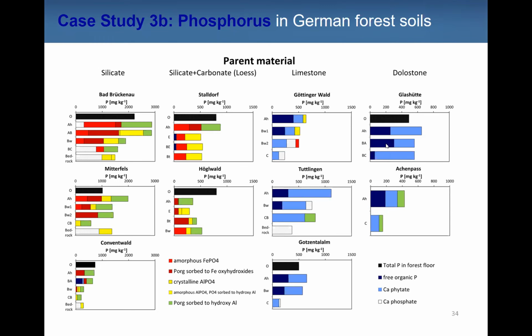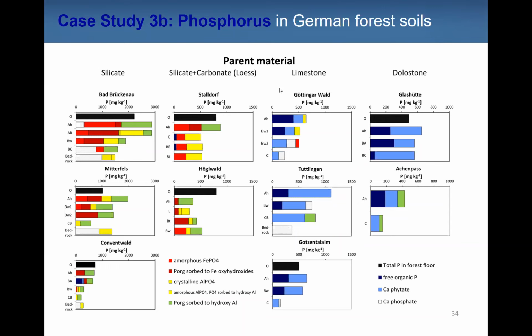So it is an organic fraction, and this is hardly accessible to microorganisms. Even though there is a lot of organic phosphorus in these soils, it's very hard for the trees and for the microbes to get that phosphorus, because these calcium phytates are very stable precipitates which are hard to extract. And this is the reason why our limestone and dolostone soils are very poor supporters of forests with respect to phosphorus.